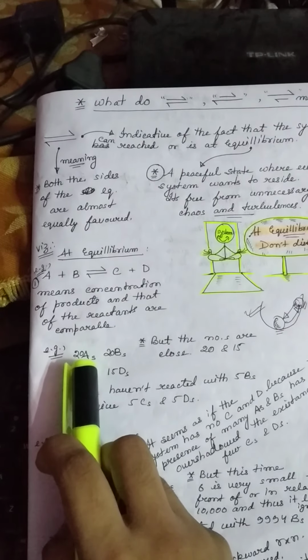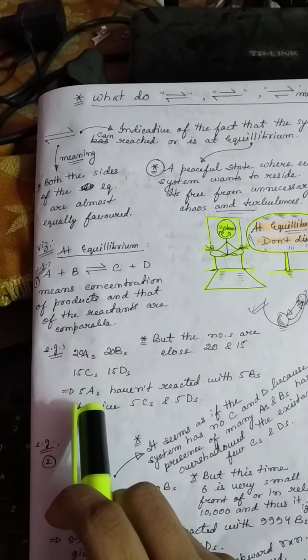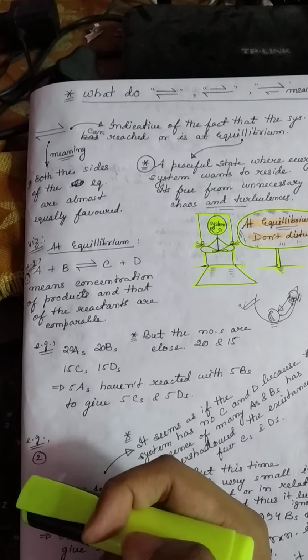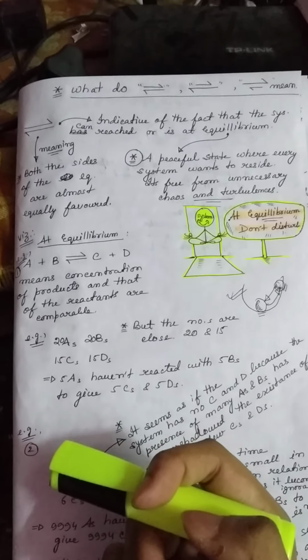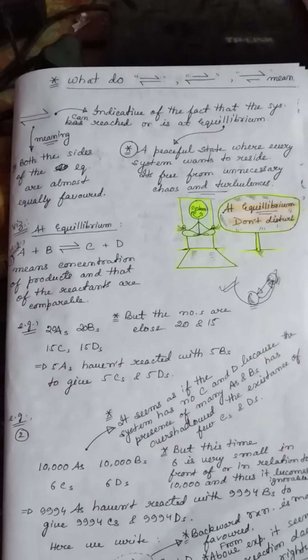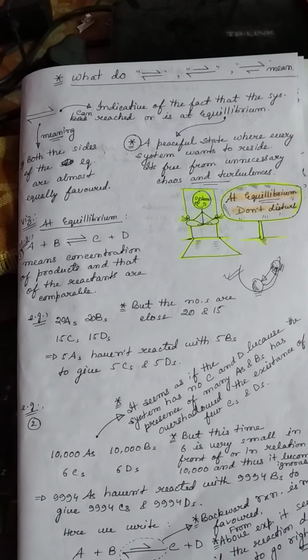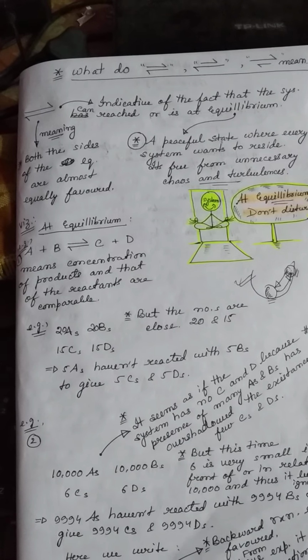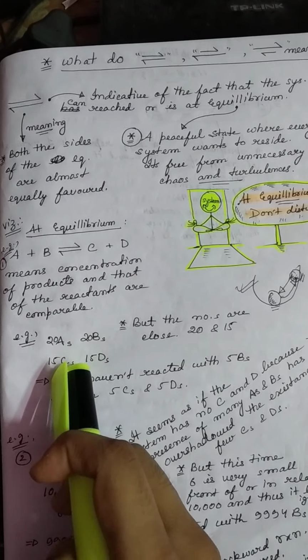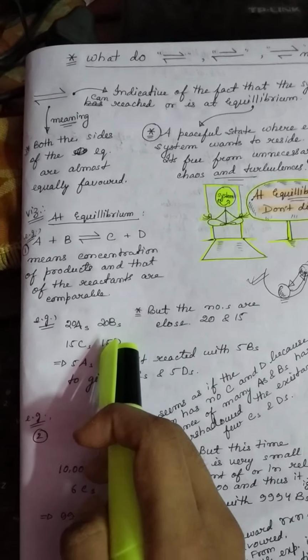For example, 20 A's and 20 B's were there initially, and at equilibrium what we found is 15 C's and 15 D's. Did you people understand? At equilibrium there were 15 C's and 15 D's.